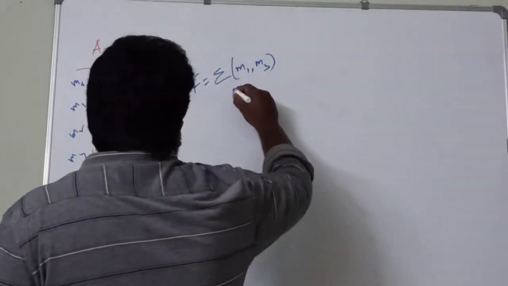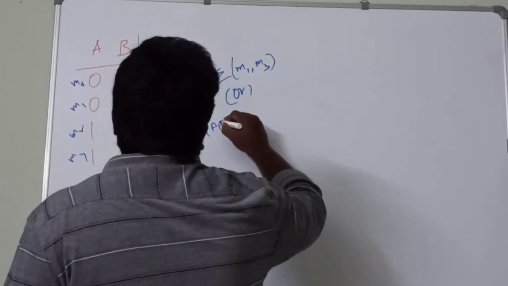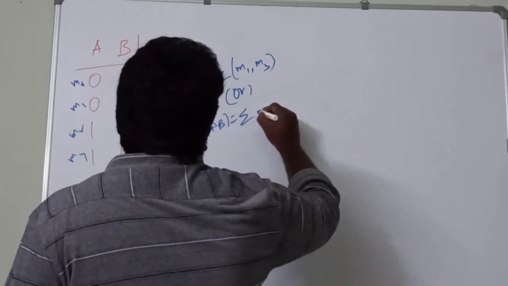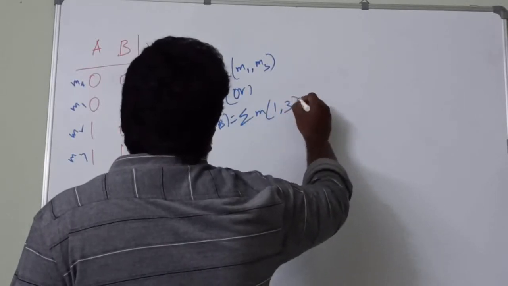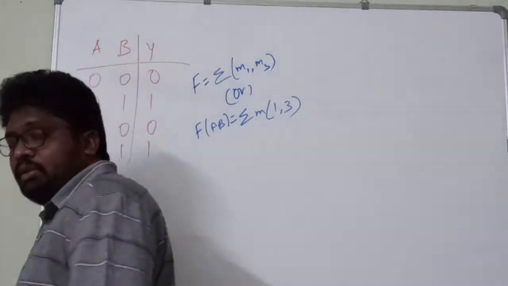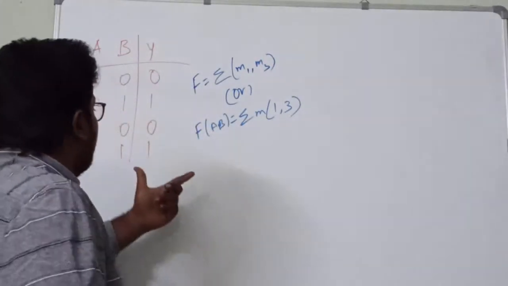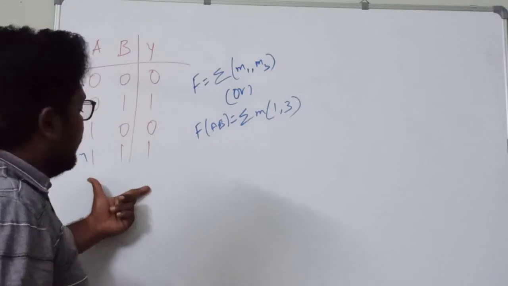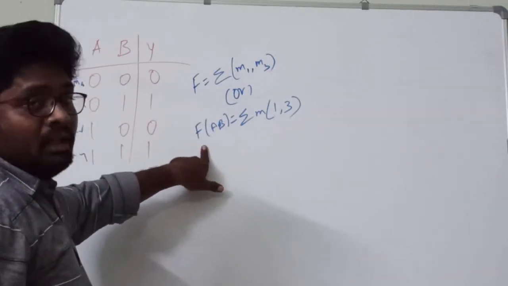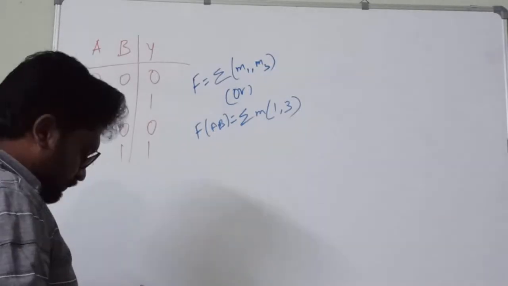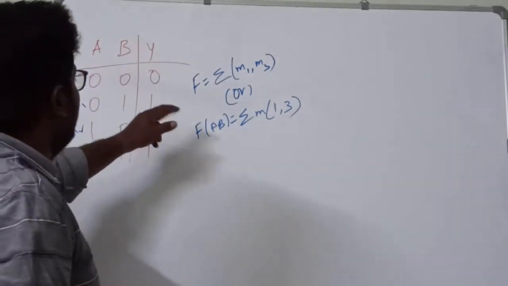Or they can give it as f of a comma b equals summation of small m into 1 comma 3. They can give any of these representations: either the truth table, or they can represent it like this, or like this. Here we are given the truth table.